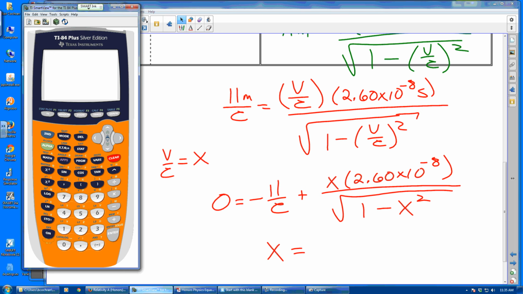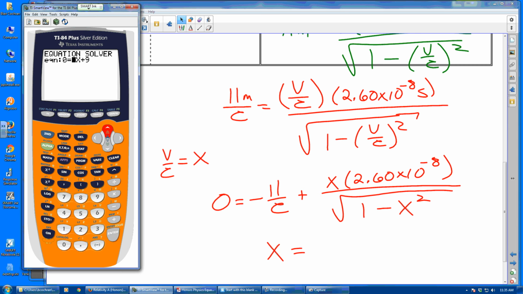Okay, so let's pull up my calculator. And I'm going to go into math, and then arrow up and go to the solver, and arrow up to put in a new equation.